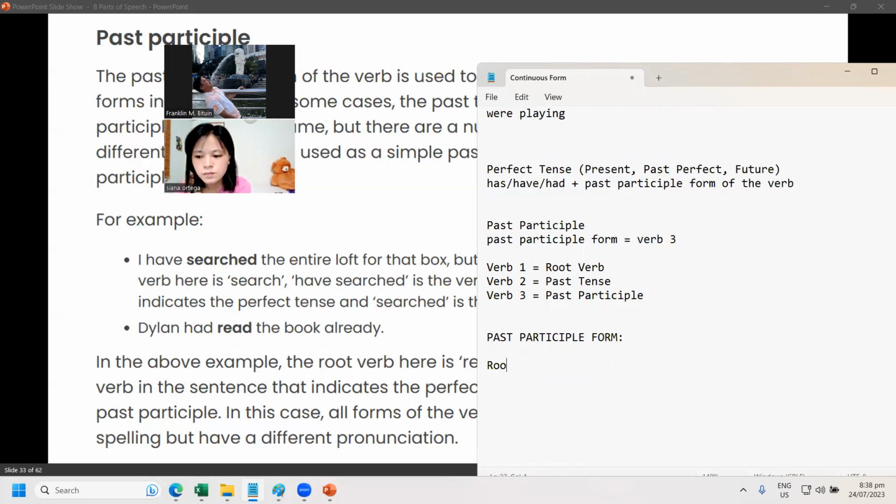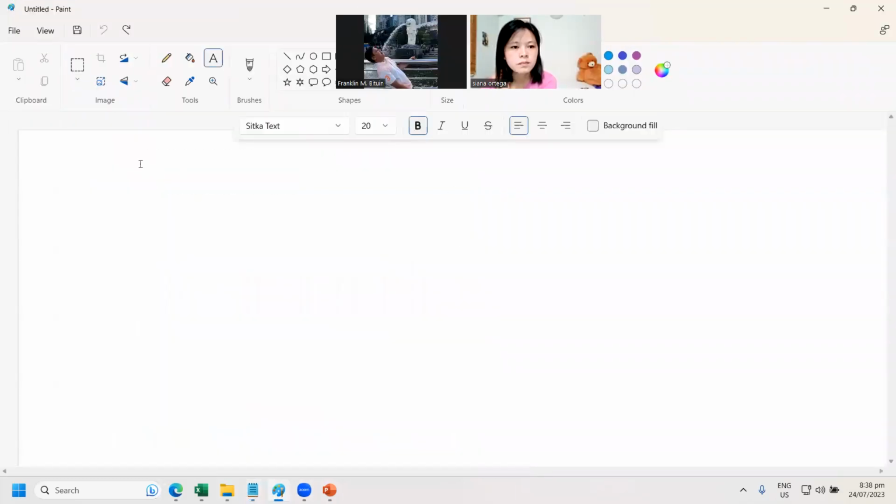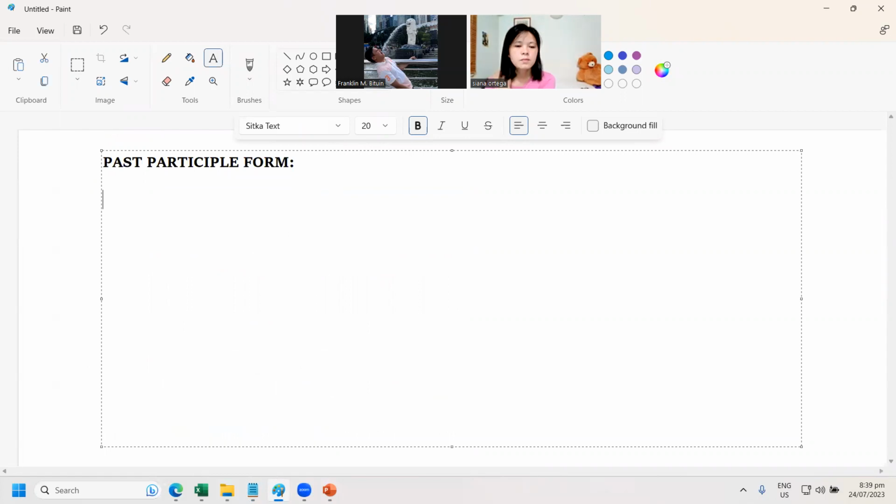I'll use this one. You have the root verb. The root verb is the main verb.